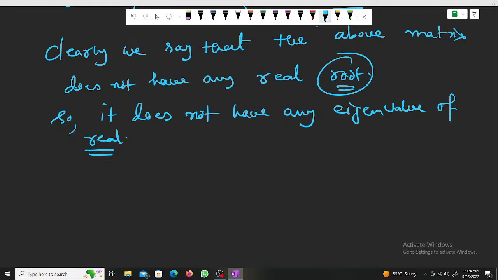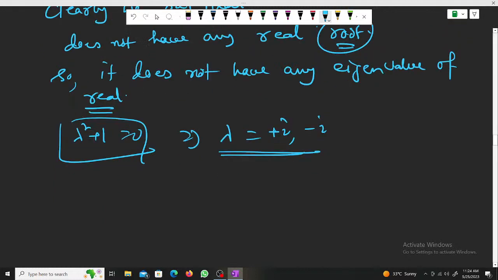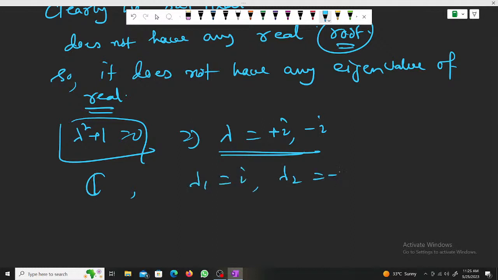Now this equation lambda square plus 1 equals to 0. Now we solve this, then lambda equal to plus i and minus i. If we consider the field is complex number, then the eigenvalue is lambda 1 equal to i and lambda 2 equal to minus i, right?